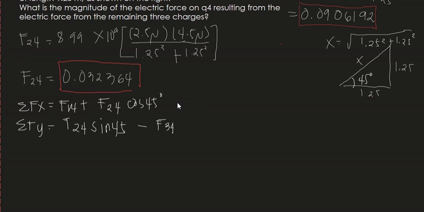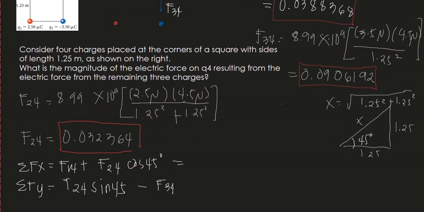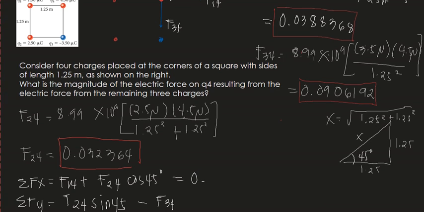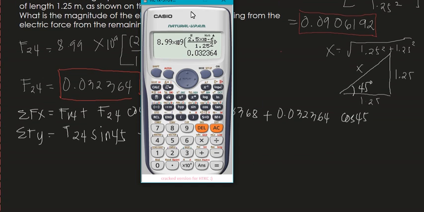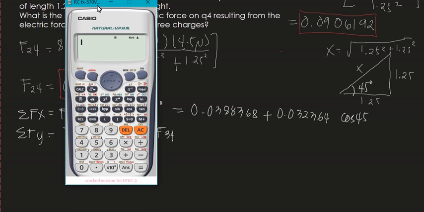So for the summation of forces along x, this will be equal to F14, which is 0.0388368, plus F24, which is 0.032364 cosine 45.